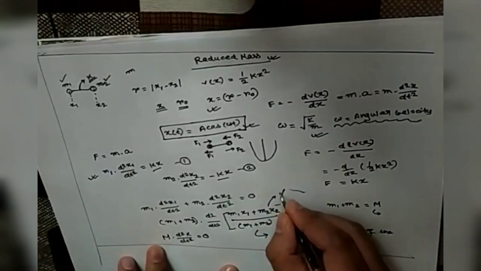So you can see that this whole big equation can be easily truncated into this form, big M into d2X/dt2 is equal to 0, where this big X is the center of mass of the particle. Suppose the two atoms are bonded like this. There is a center of mass in between these two particles.